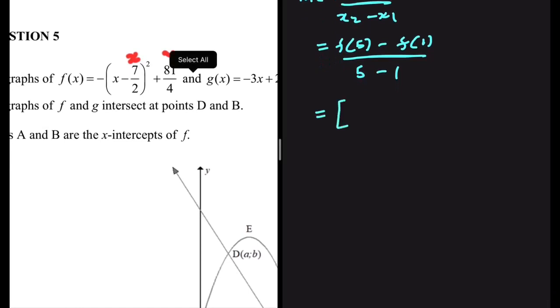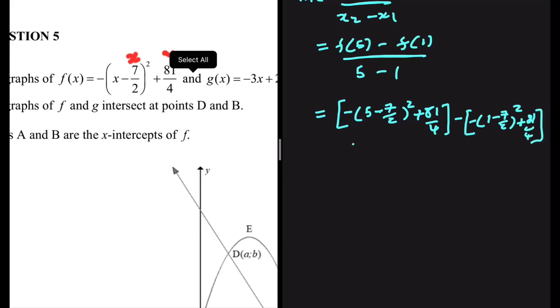For f of 5, we're going to have minus, and in place of x we substitute 5, minus 7 divided by 2, everything to the power 2, plus 81 divided by 4. This is f of 5. We're supposed to subtract f of 1. We're going to have minus, in place of x we have 1, minus 7 divided by 2, everything squared, plus 81 divided by 4. And then we're dividing everything by 5 minus 1.